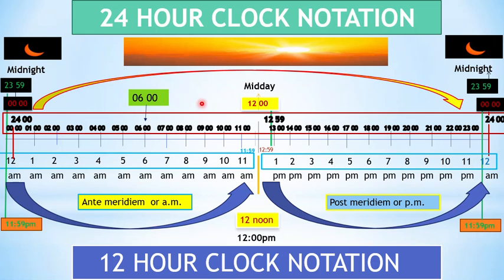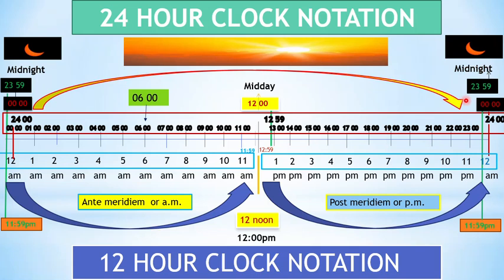12 in the afternoon or 12 p.m. is written as 1200 hours. After 12:59 hours, the time shows 1300 hours instead of 1 p.m. This goes on and the counting continues till the time reaches 2359 hours.